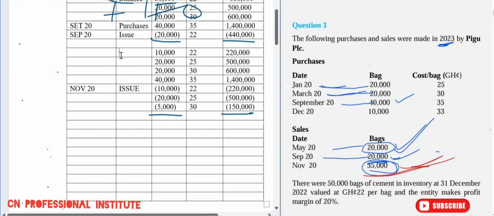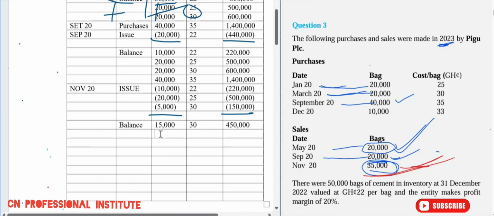So let's check the balance. Let me rename it, let me name it balance. So the balance: we said we've sold all these 20 and the 10,000. Then out of these 20, we sold 5,000, so we are left with 15,000. So we are going to have 15,000 at 30, and that will give us 450,000.